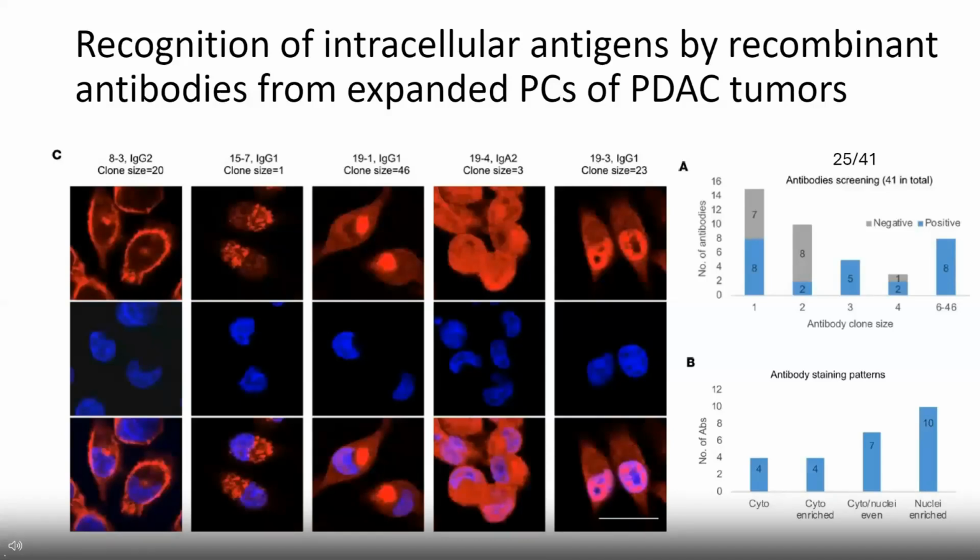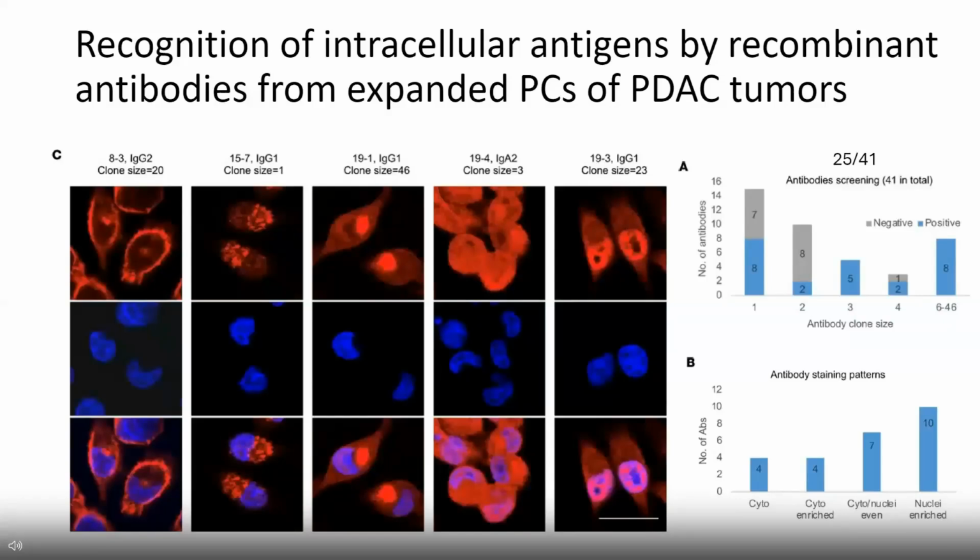As we summarize on the right, out of 41 antibodies, we detected 25 positive binders, so more than half of all antibodies screened show positive binding. I forgot to mention that for our 41 antibody selection, we mostly used the expanded clones, especially the top expanded clones. For the samples where we don't have expanded clones, for example patients 14 and 15, we also expressed antibodies from single plasma cells.